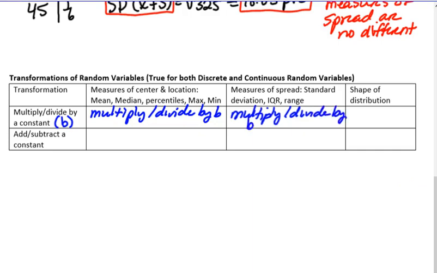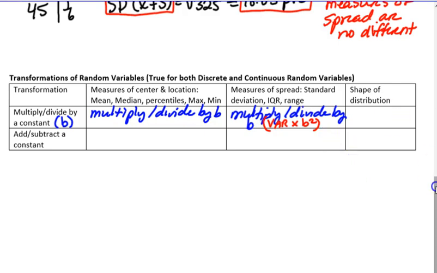Now notice variance is times b squared, because variance is the square of standard deviation, so variance would be multiplied or divided by b squared.